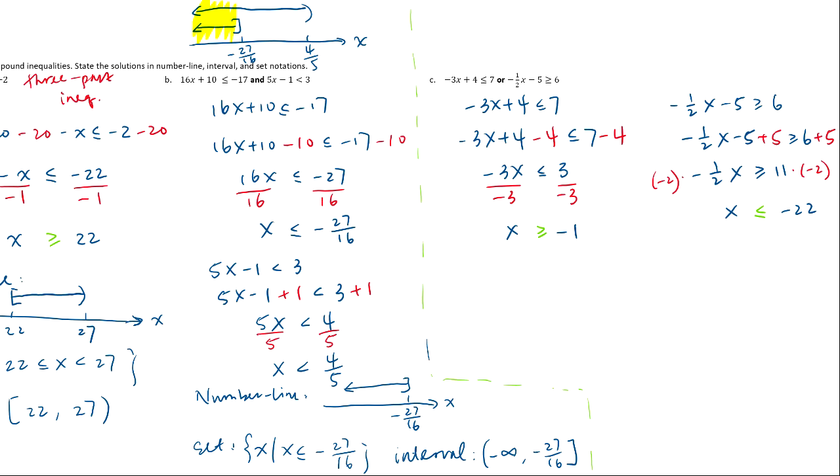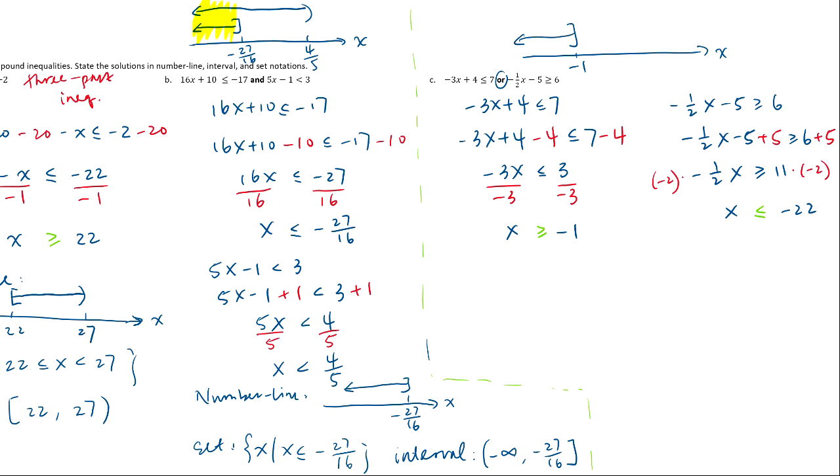And now, to conclude this part, we have the connecting word "or," so that means anything that's covered by at least one interval, we just want to include that as part of the answer. So as a result, we get x is less than or equal to negative 22 over here.